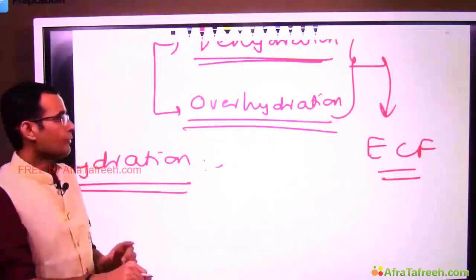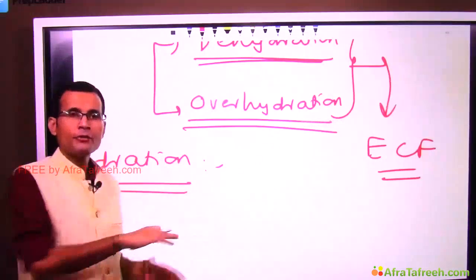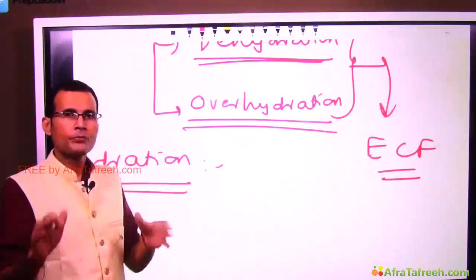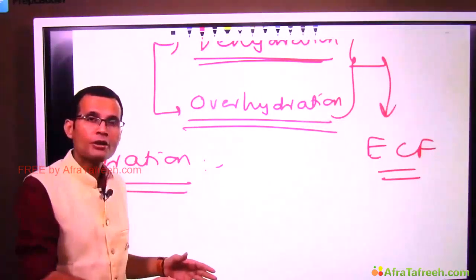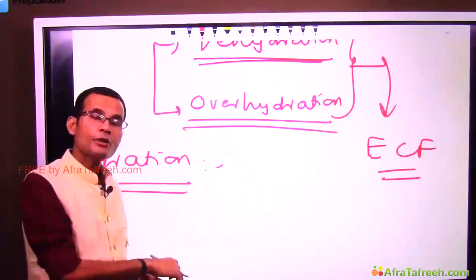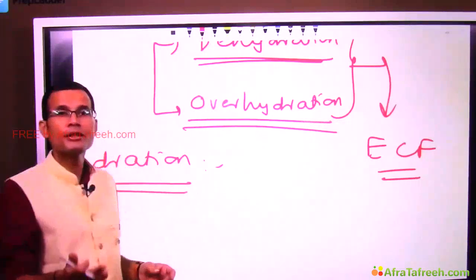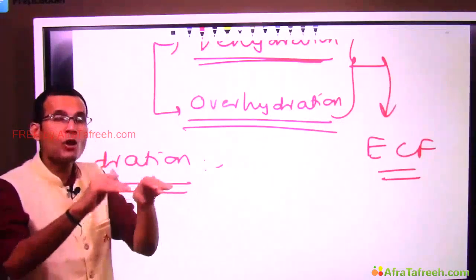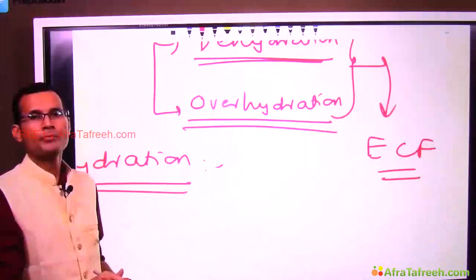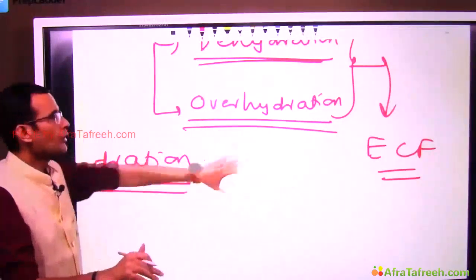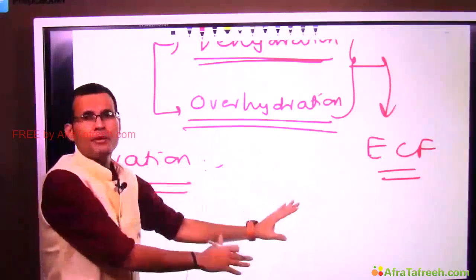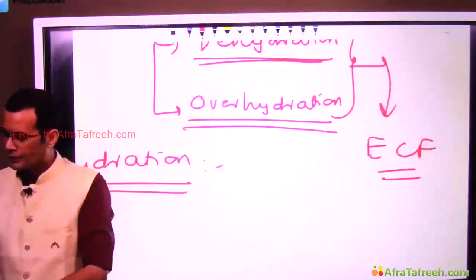Accordingly, if the osmolality of the ECF gets altered, then there will be a movement of water from the ECF into the ICF or from the ICF into the ECF, because they need to be in osmotic equilibrium. I am going to take the example, okay? So don't you worry at all. We will discuss this with example and then it will be amply clear.